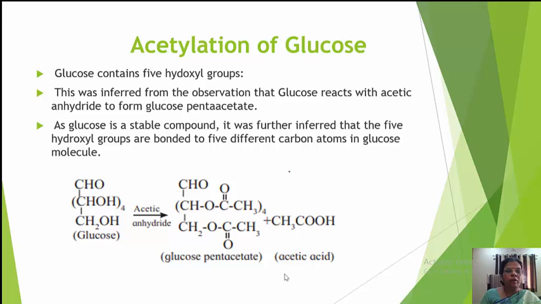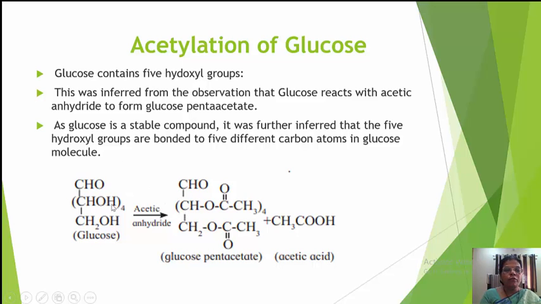Now the reaction is given below. Glucose, that is CHO, CHOH 4 times, CH2OH, when it is treated with acetic anhydride, then all the 5 hydroxyl groups present in glucose undergo acetylation to form glucose pentaacetate. Now look here, CHO.